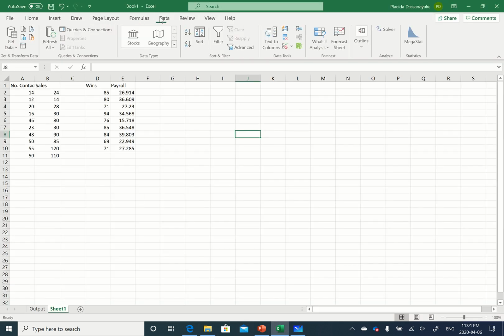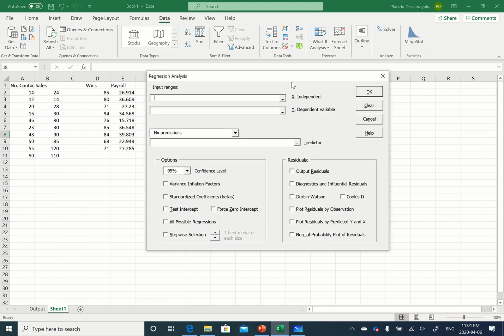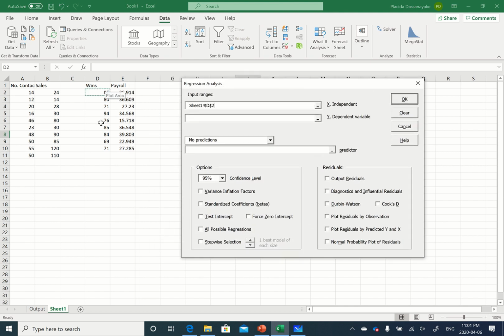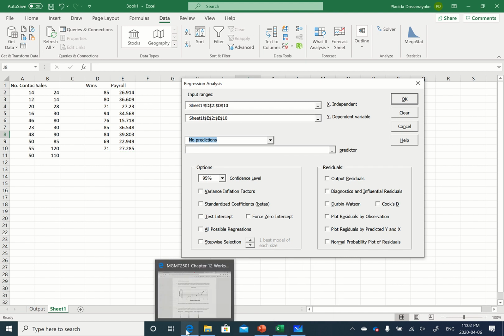So this time I'm going to run the regression. Okay, I'm only selecting the numbers. And like I said, you can add the predictions or you can actually do it manually. Just a simple math, right?